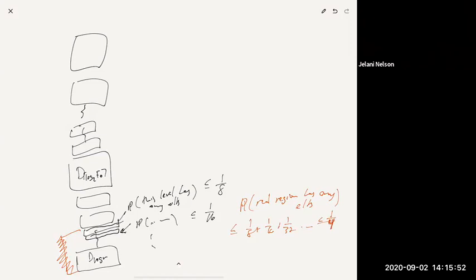And of course, I could have slid this down just by 1. I could have defined the red region to be 1 level lower, and then I would have gotten 1/8. Right? Okay? So it's very unlikely by union bound that I see anything at all in this red region.